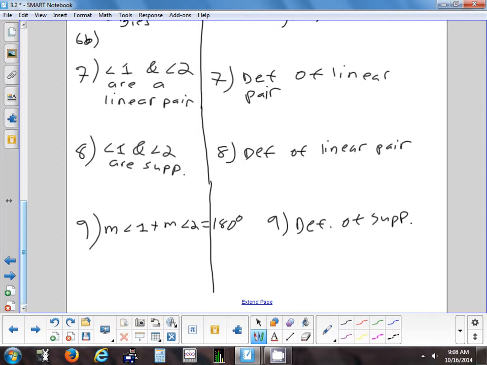Substitute it in, then use the subtraction property, and you'll get angle 2 is 90. Once you know angle 2 is 90, by vertical angles, angle 3 is 90, and if they're 90, they're right angles. So there are a lot of steps in this proof, but I'm hoping you're starting to understand the order of thinking when you do a proof. You'd have to finish that one up.